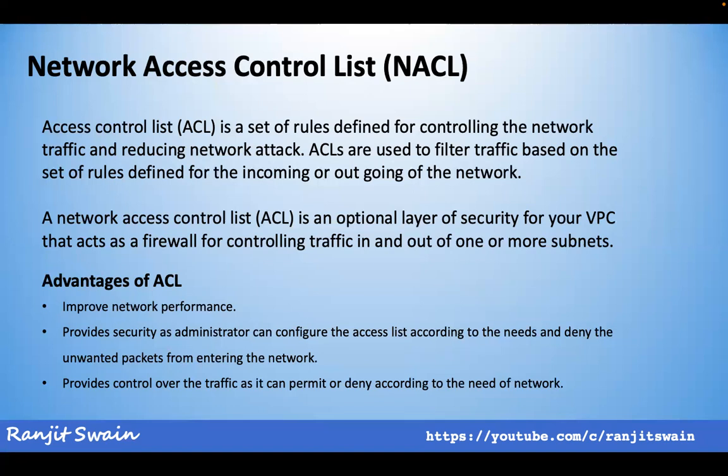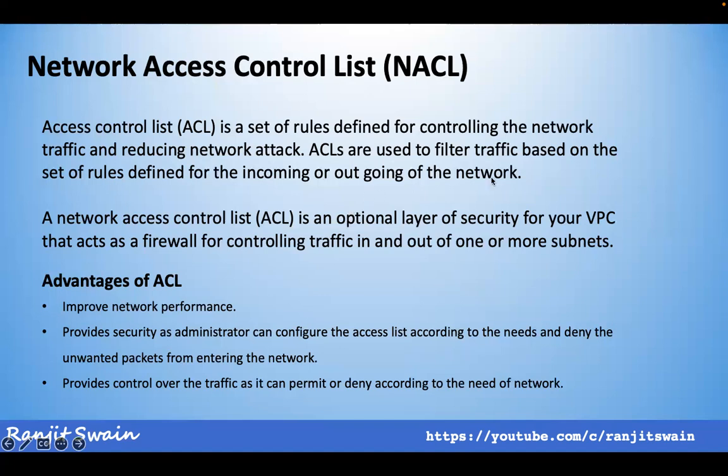But in the case of the network access control list, again, it is a set of rules defined for controlling the network traffic. With a security group, we control access to the applications by whitelisting the IP addresses and the ports through which we can connect to the applications. But here we set rules which will control the network traffic and reduce network attacks.